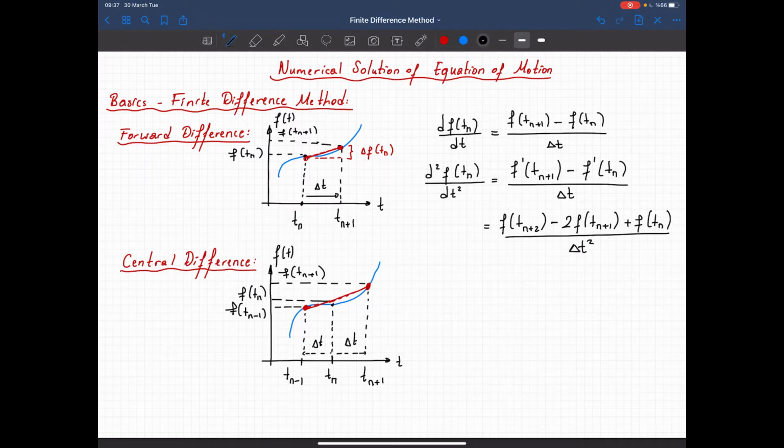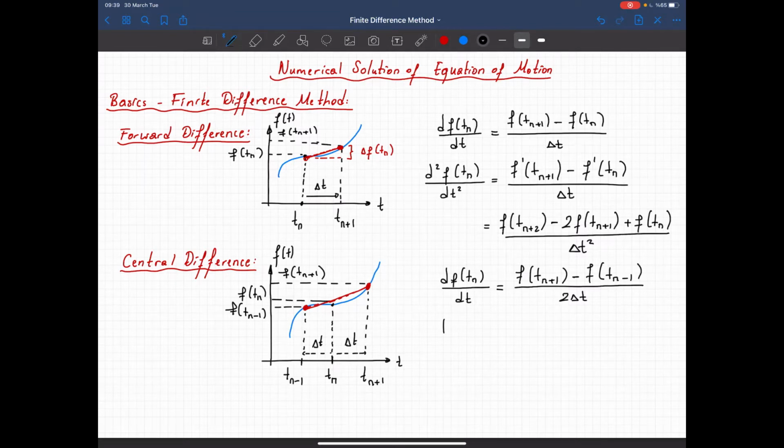Now, in that case, the first derivative df Tn by dt is equal to f of Tn plus 1 minus f of Tn minus 1 divided by 2 times delta t. So that's the first derivative.